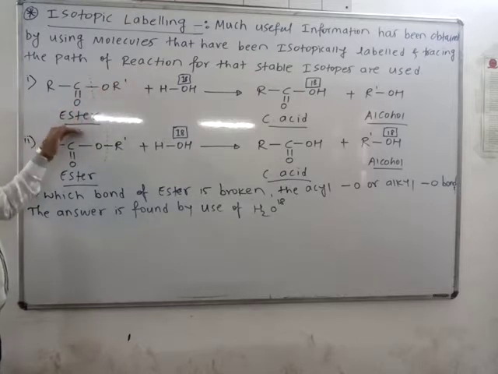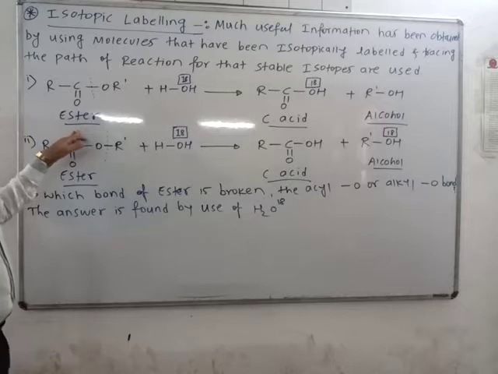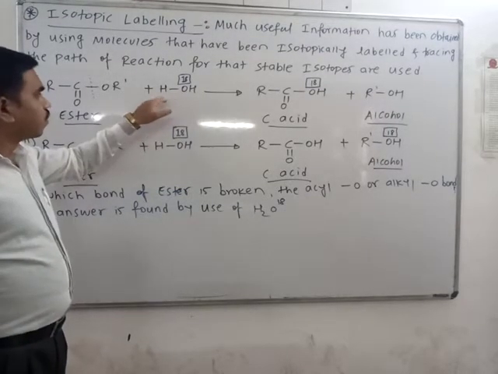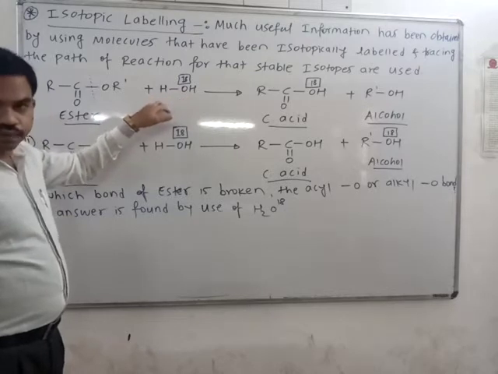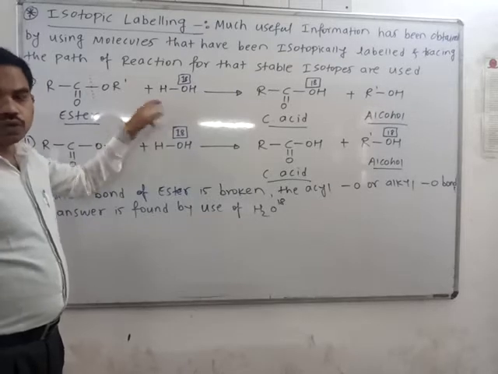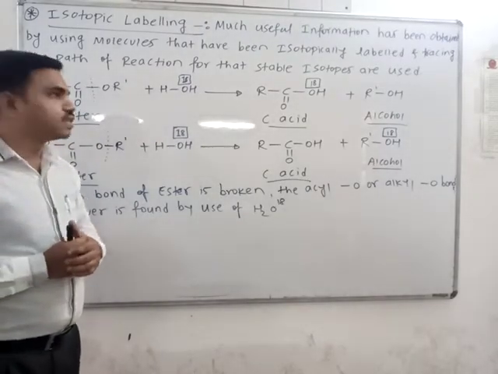RCOOR, this is an ester. Now, ester on hydrolysis, acidic hydrolysis or alkaline hydrolysis, so for that we have to use here water, H2O. But what we have done here, you know there are two isotopes of oxygen.